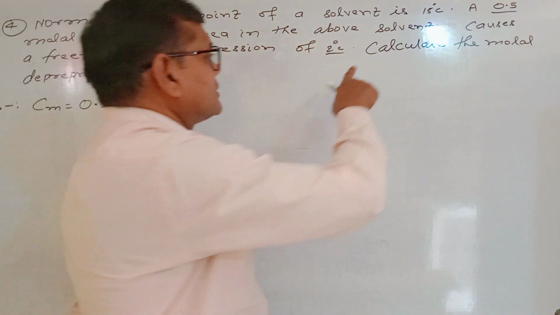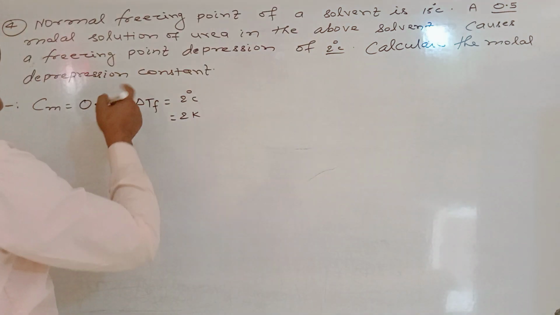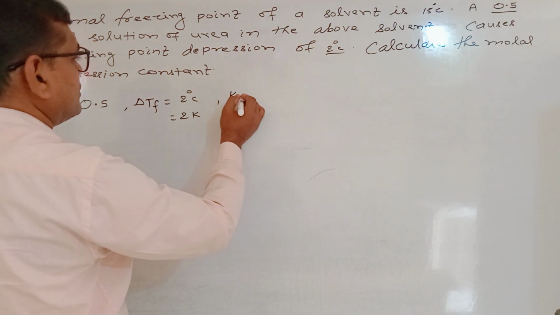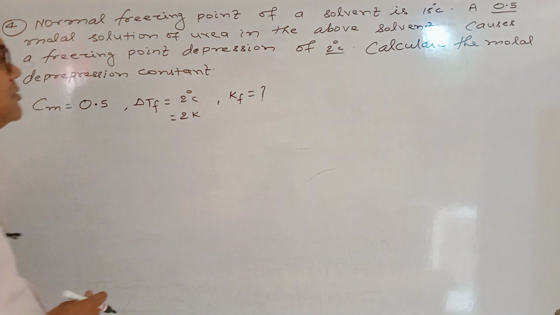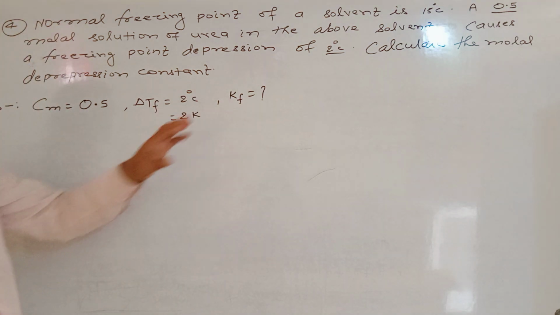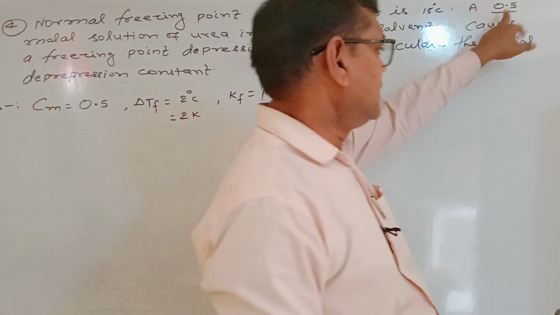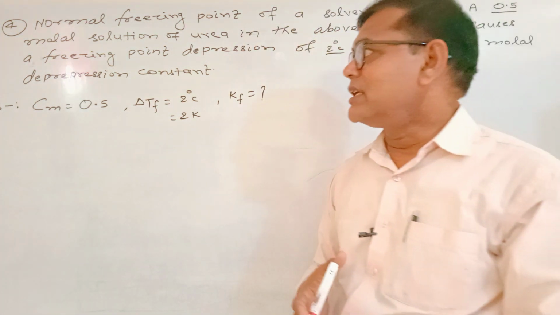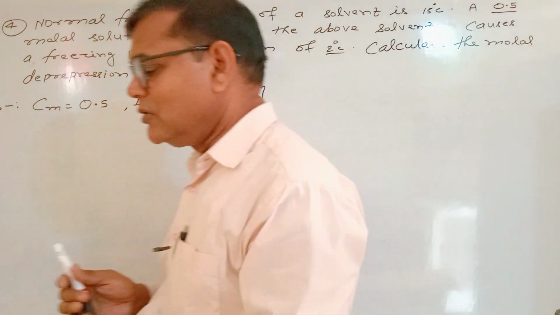Question asked, calculate the molar depression constant. Kf is equal to what? It is the value of Cm. Cm is called molal concentration of the solution.